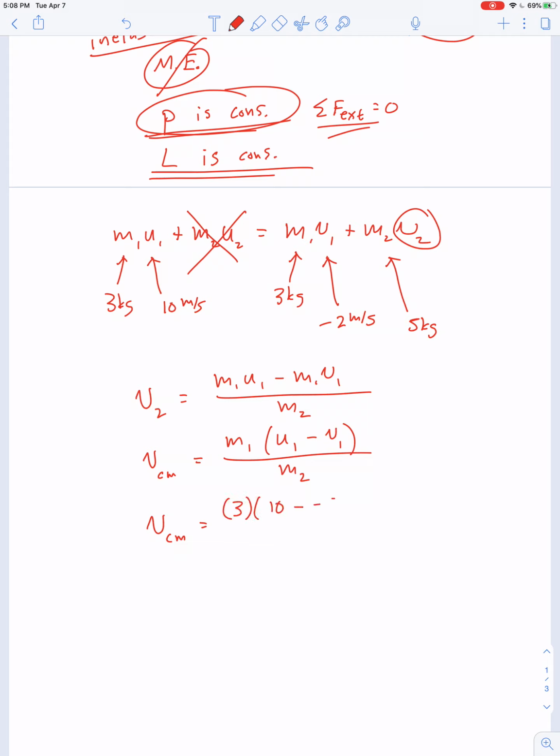So this is equal to 36 fifths. So it looks like the velocity of the center of mass of the rod is equal to 7.2 meters per second. Okay, let's see if we can find the angular speed of the rod.